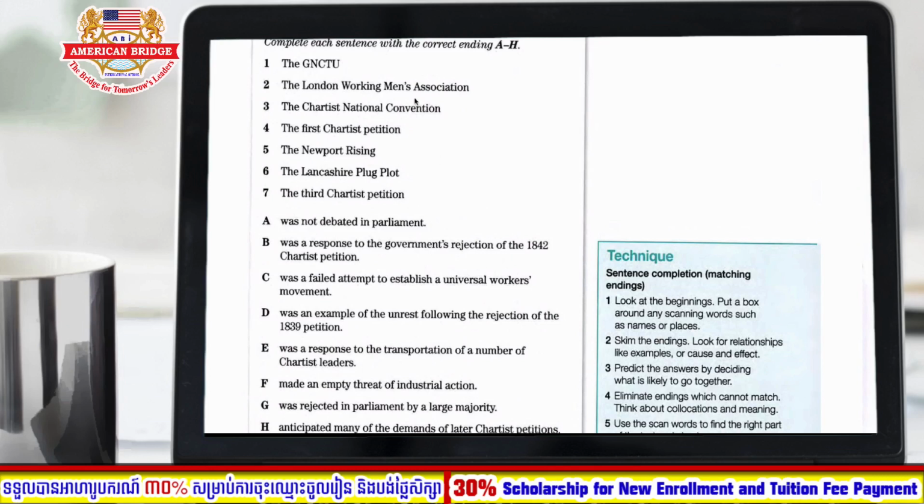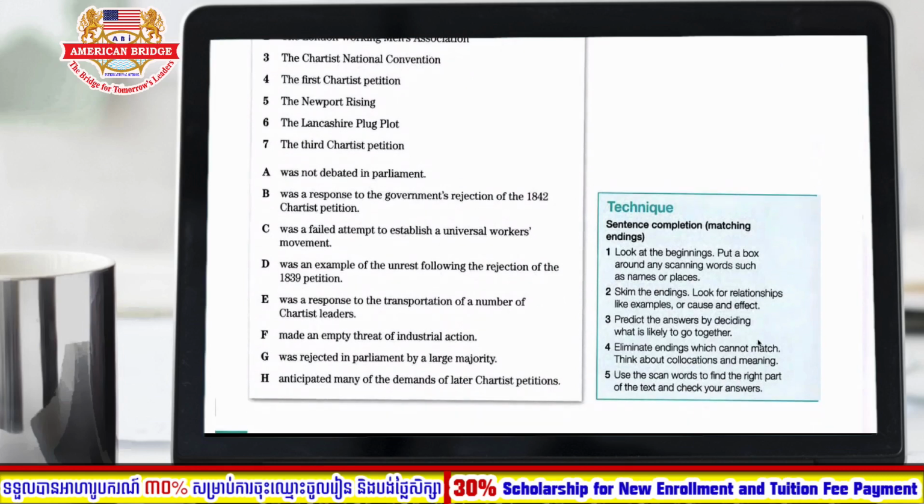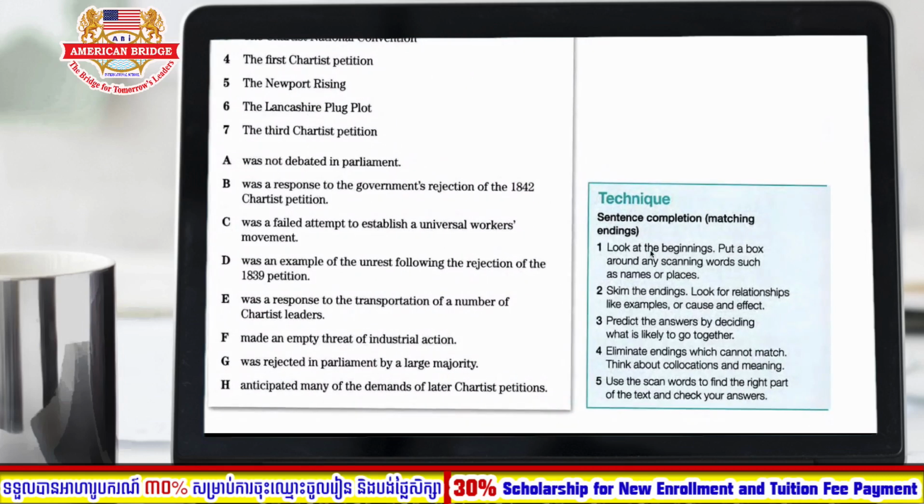When you are asked to use the headings to match the paragraphs, there are techniques in the box that help you. First of all, look at the beginnings. Put a box around any scanning word, such as names or places. Number 2, skim the endings.